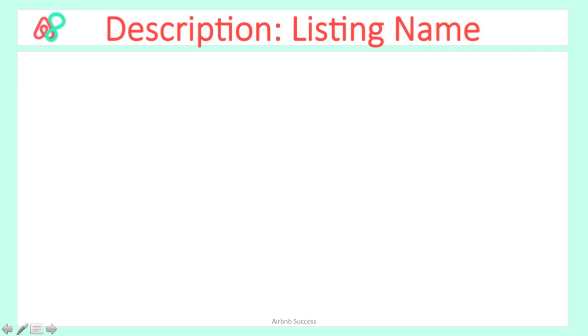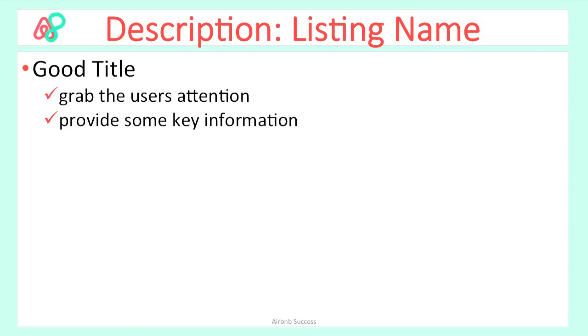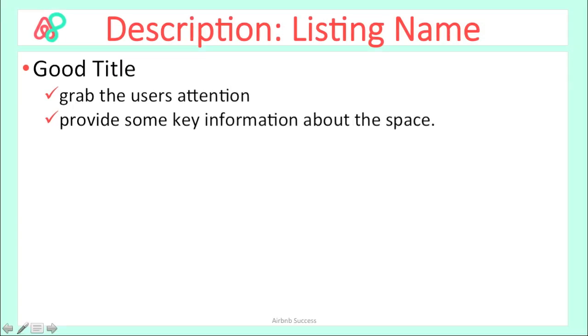So photo and then listing name. With the listing name, a good title has to grab the user's attention and provide some key information about the space. To create a listing description, your listing name and summaries are the important things.